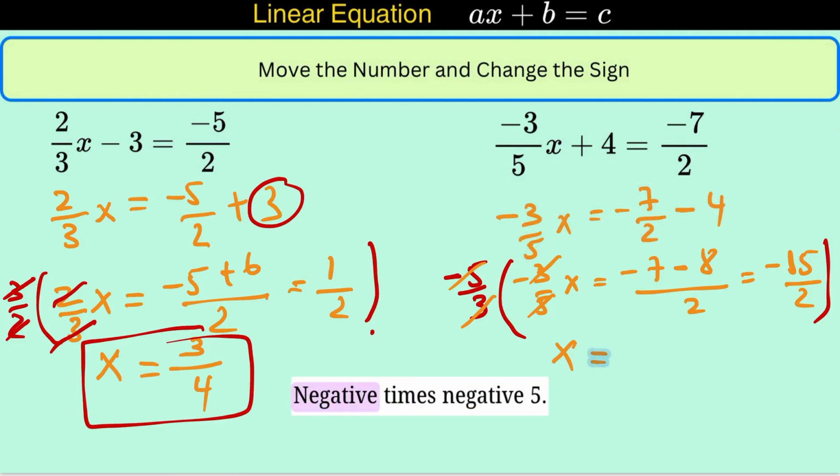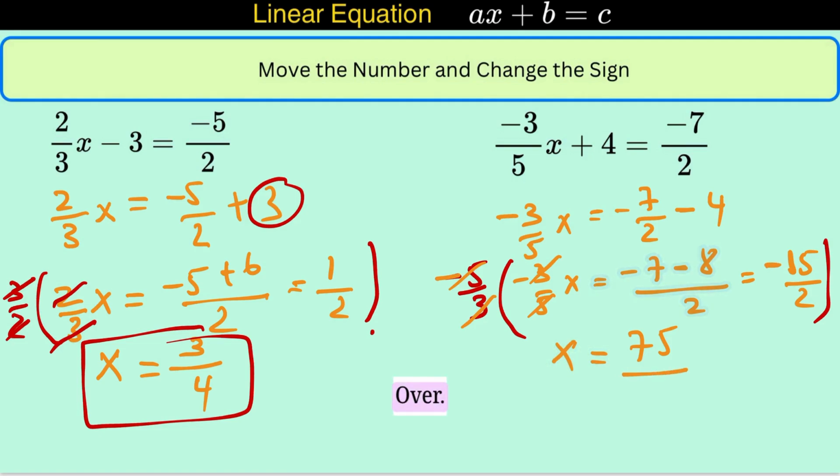But guess what? Negative times -5. So if you take 15 times 5, it will give me 75. But because negative with negative will be positive, over, I have 3 times 2 is 6. So let me check if this is correct or not.